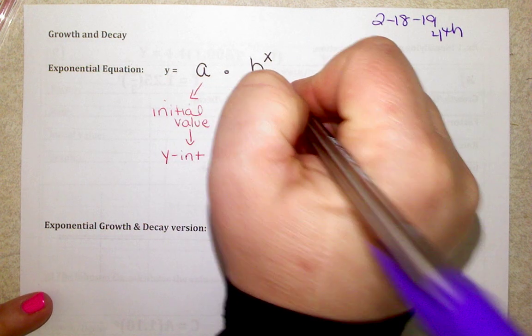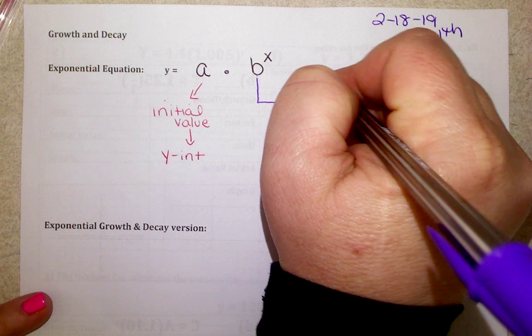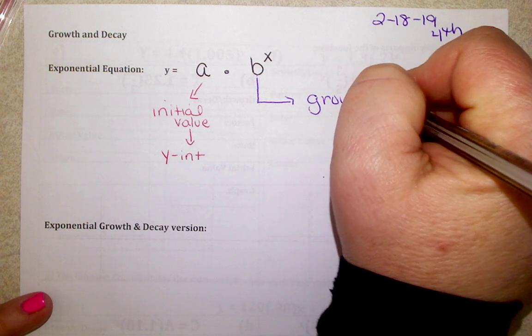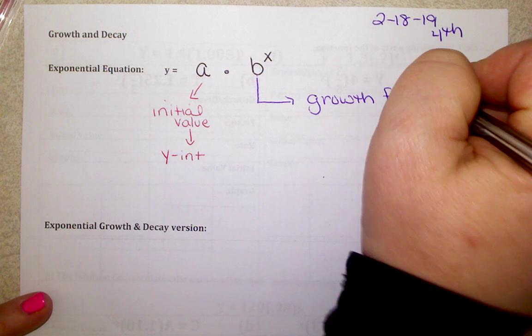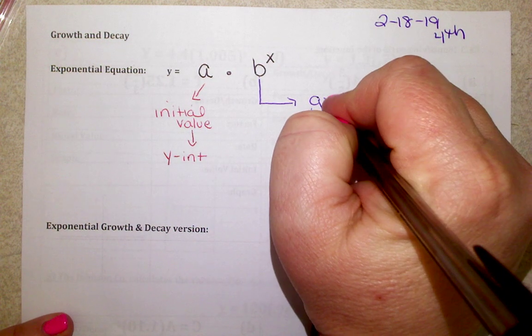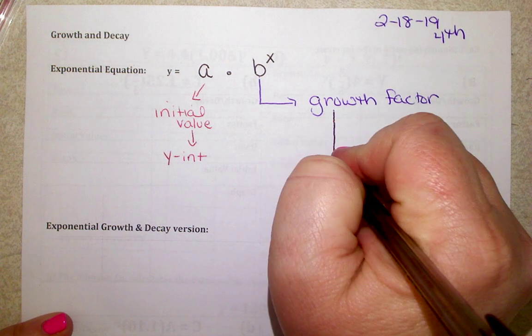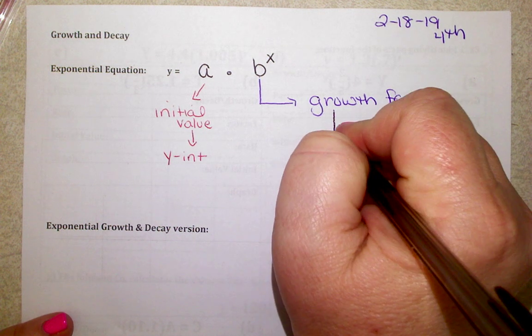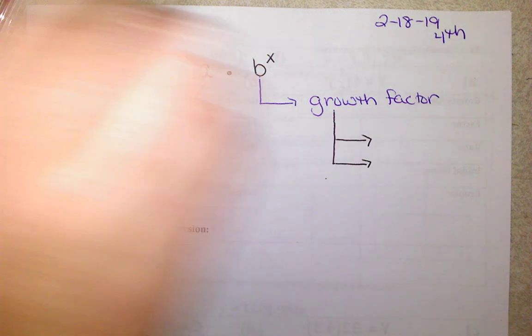The b value is your growth factor. Now, depending on what that growth factor is, whether you're going to have an increase or a decrease, a growth or decay.